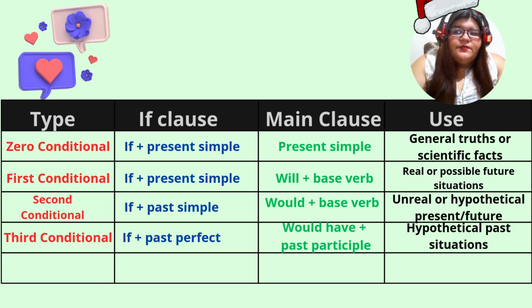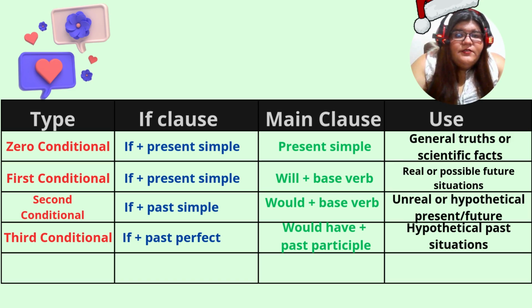For example, here we have the type zero conditional, and the if clause, if plus the present simple, and the main clause present simple. And the use is general truths or scientific facts. Then we have the first conditional, if plus the present simple, and the main clause is will plus the base form of the verb. And they are used for real or possible future situations. Then we have the second conditional, if plus the past simple, and the main clause would plus the base form of the verb.